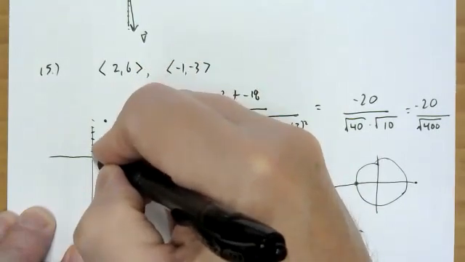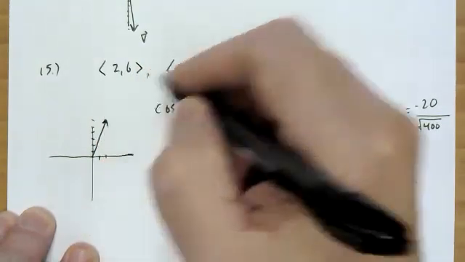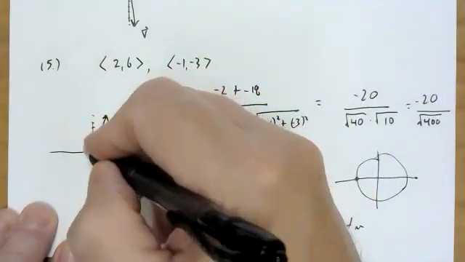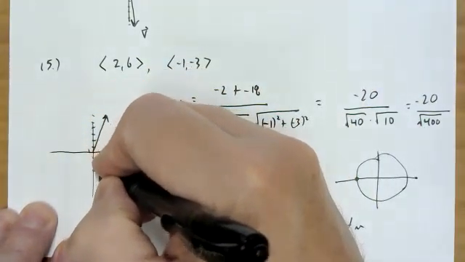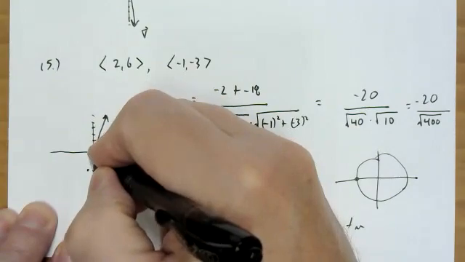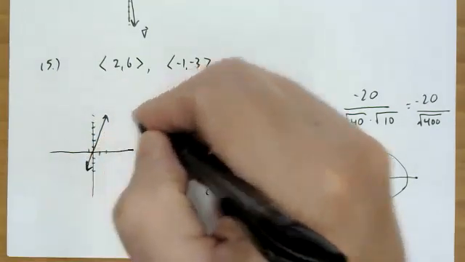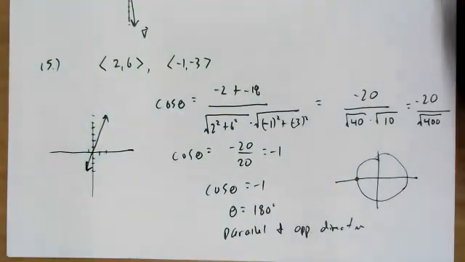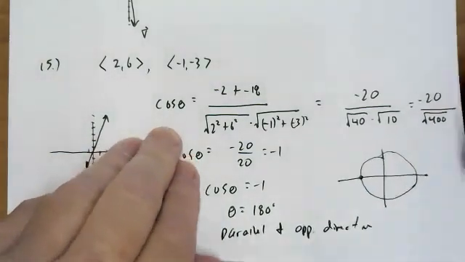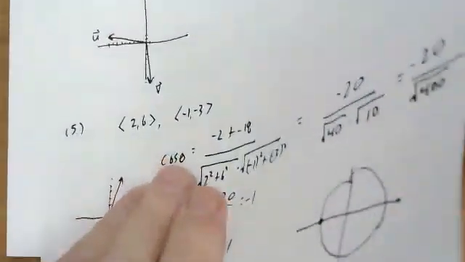So here's the first vector. And then -1, -3. Of course, my sketches aren't perfect, but you can see, yep, that's what's happening. So I got 3 more of these.